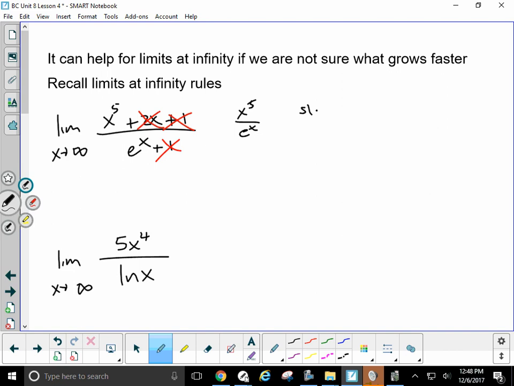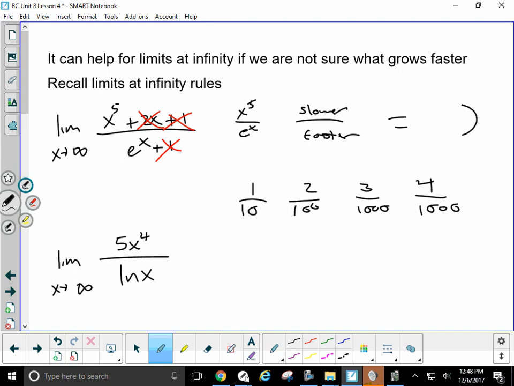We know this is going to grow slower and this is going faster. If you think about fractions where the numerator is growing slower than the denominator, what is the fraction doing? It's getting smaller and smaller and smaller, and it's approaching 0. I'd want you to be able to just look at that and say that's 0.